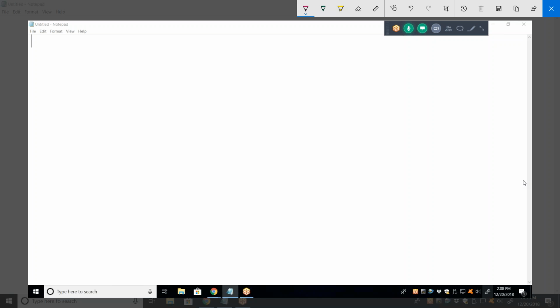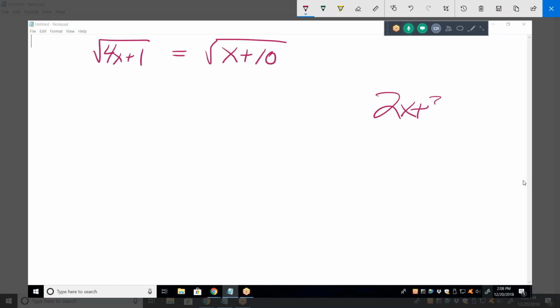Extraneous solutions. Okay. When you have a normal equation like this, you rarely have extraneous solutions. You don't even have to worry about them.